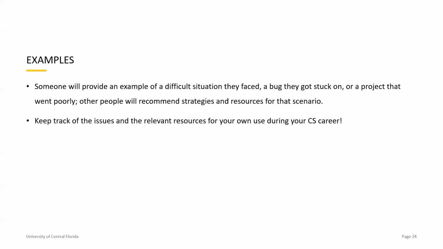Then the rest of us can share strategies we've learned to overcome it. I want you to write those down, because when you face a similar problem, especially from someone further along in the course or the CS flowchart than you, you'll know what to do about it. Does that make sense to everyone?